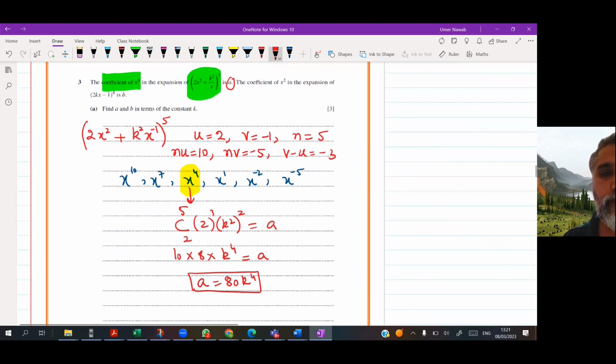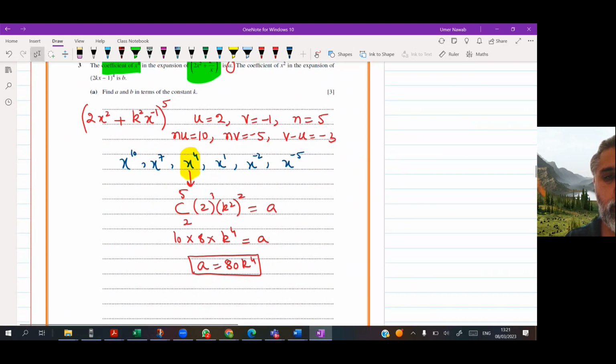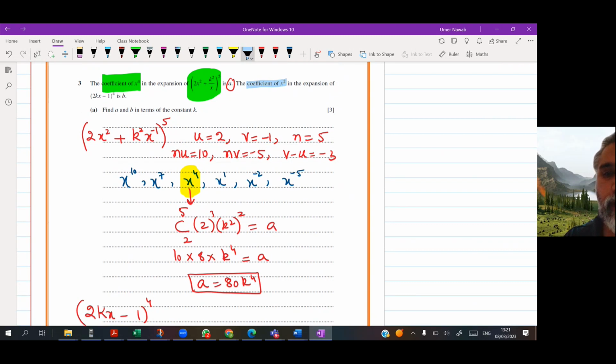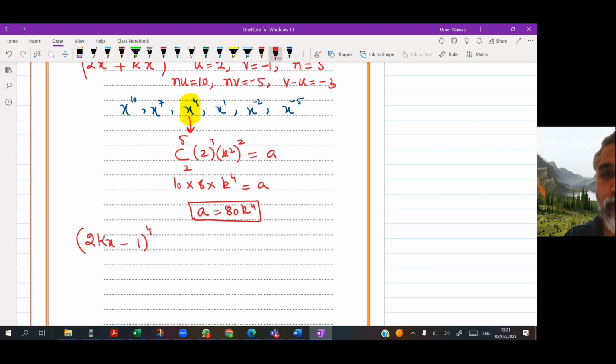Second one is (2kx minus 1) raised to the power 4. I'm again looking for the coefficient of x squared. What is my u? 1.